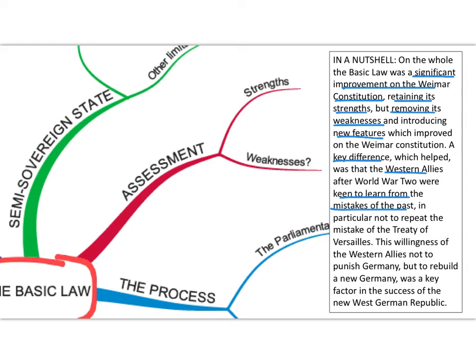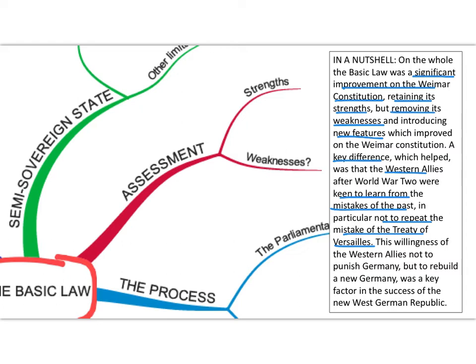Both the Western Allies and also the Germans, who had been delegated the task of forming their own country again, had a starting point in every way: we need to rebuild a country in the Western zones, and we need to make sure we don't make the mistakes that our forefathers made in 1919 after World War I. Because the Weimar Republic that was created in 1919, as great as it looked in theory on paper, didn't get it right, because ultimately Hitler and the Nazis were able to take power and take Germany into the Second World War. So it's largely about not repeating the mistakes of the Treaty of Versailles.